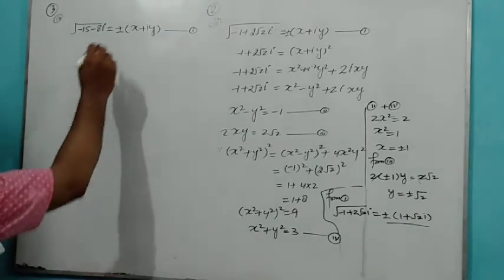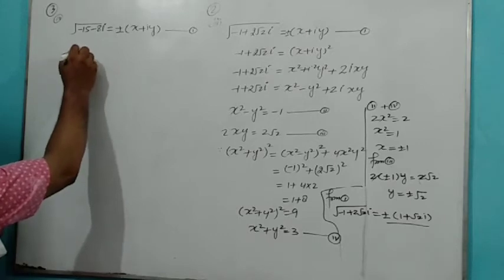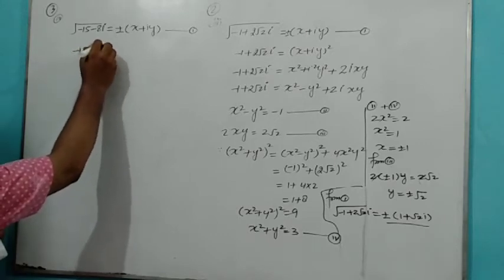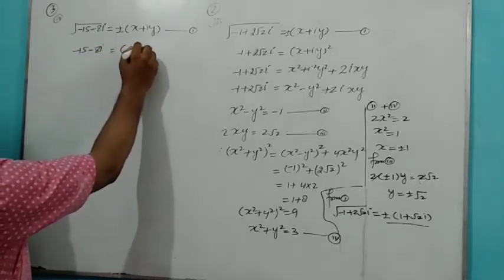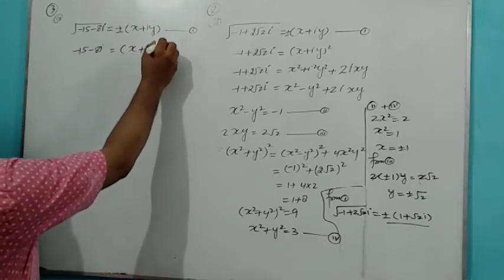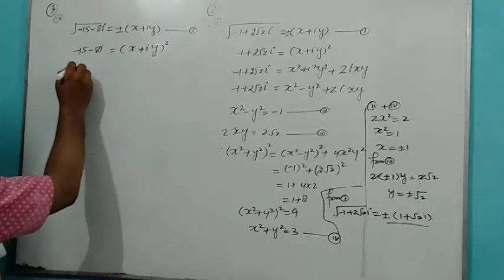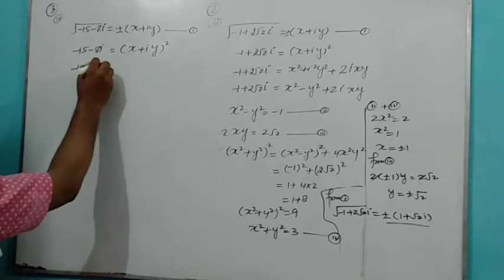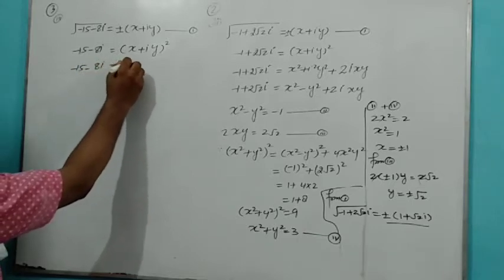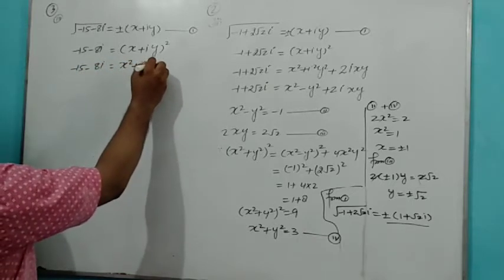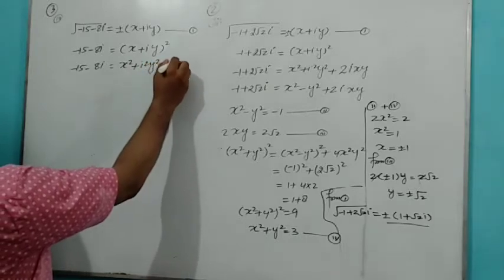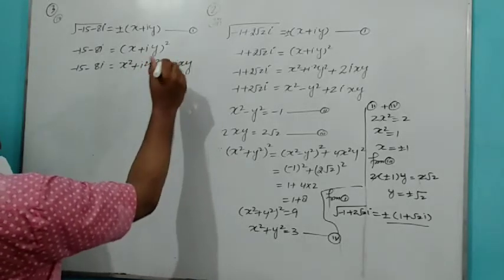Now, if I am squaring both sides, it is minus 15 minus 8i is equal to x plus iy the whole square. If I am simplifying a little bit more, it can be written as x square plus i square y square plus 2i xy.